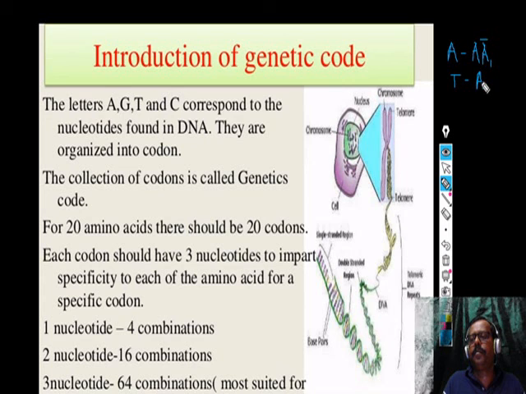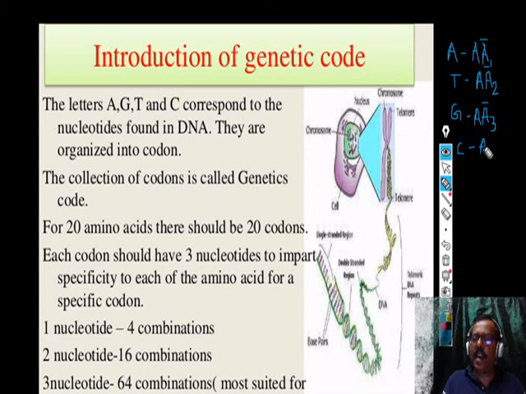Amino acid 2. Then guanine codes for another amino acid, and cytosine codes for another amino acid.